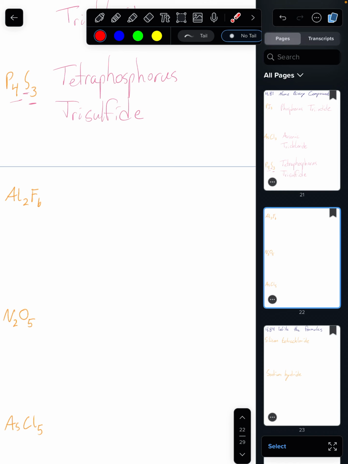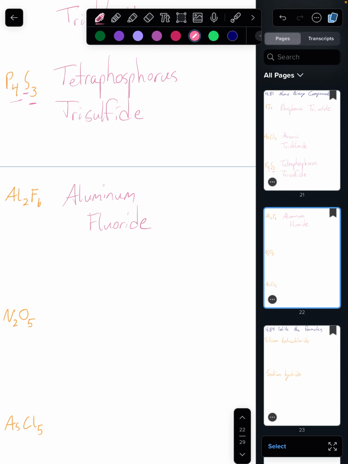In the case of this one here, they do eventually balance out. So we only need to really worry about the fluoride. And because they are connected to 2 different things, it's not all coming off one, we don't need to add in the 6. So it's just going to be aluminum fluoride.